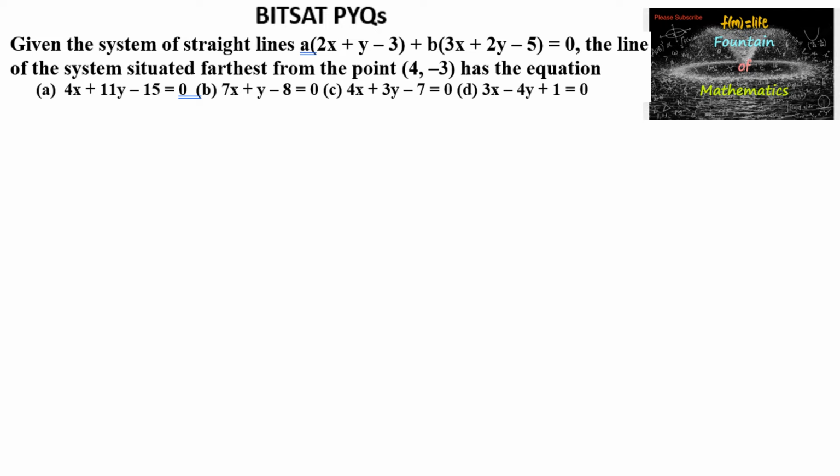Given a system of straight lines as a times of 2x plus y minus 3 plus b times of 3x plus 2y minus 5 is equal to 0. And clearly we can say that the family of straight lines, the system of straight lines, passes through the point of intersection of these two lines.